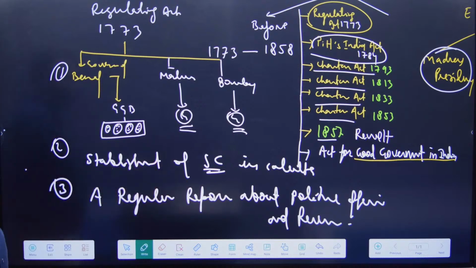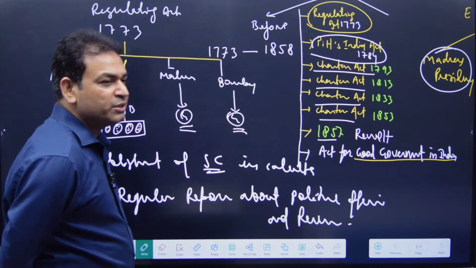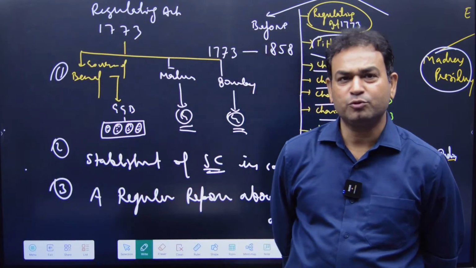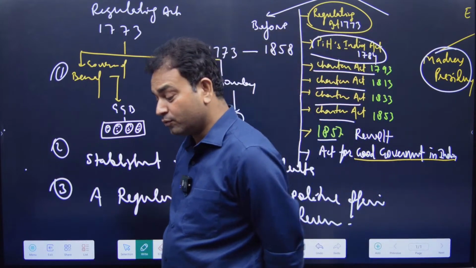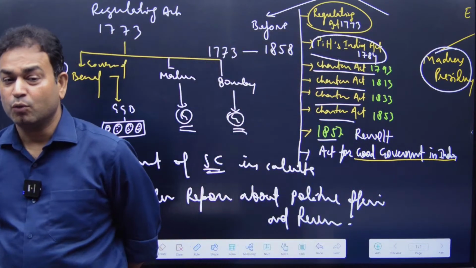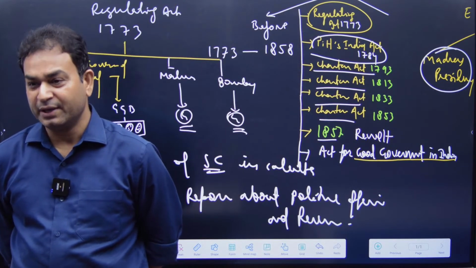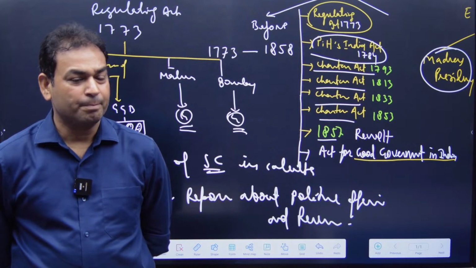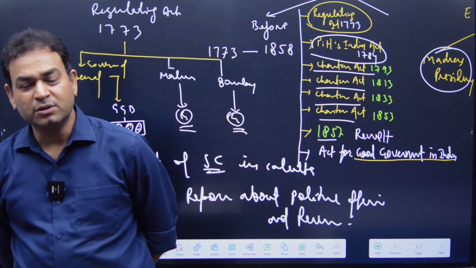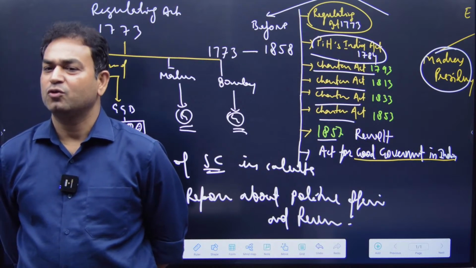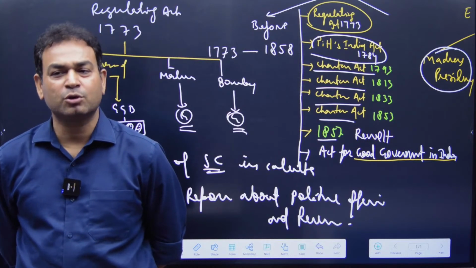Similarly, on the matter of jurisdiction of the Supreme Court of Calcutta, again the dispute arose because the Supreme Court was having jurisdiction on the revenue matters in Calcutta, but on the officials of the company, who will exercise the authority, Supreme Court or Governor General of Bengal?